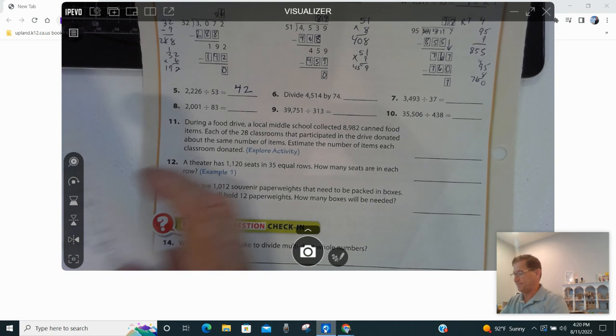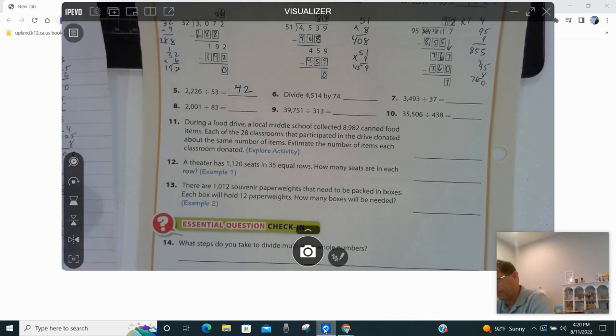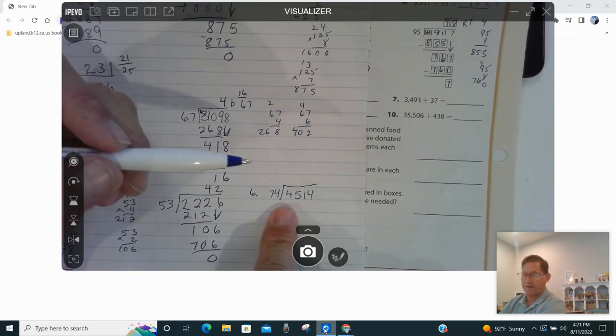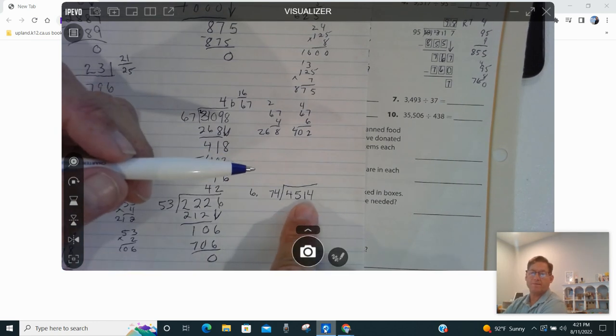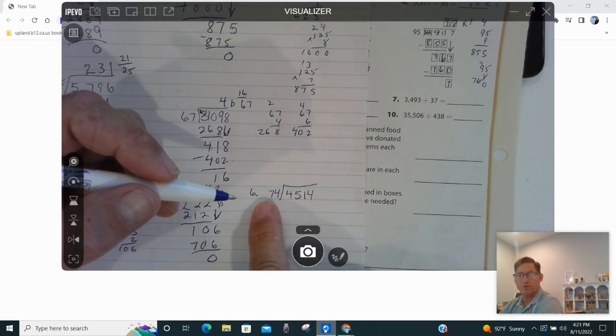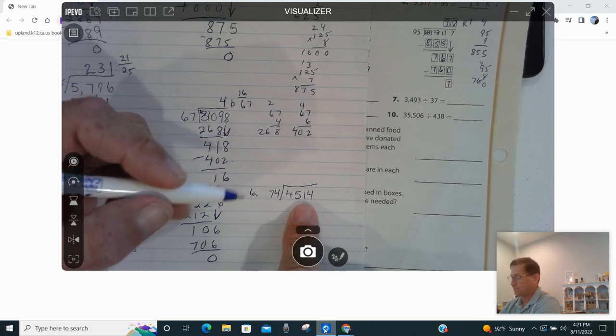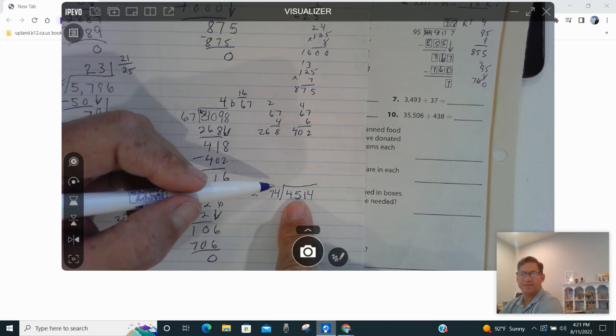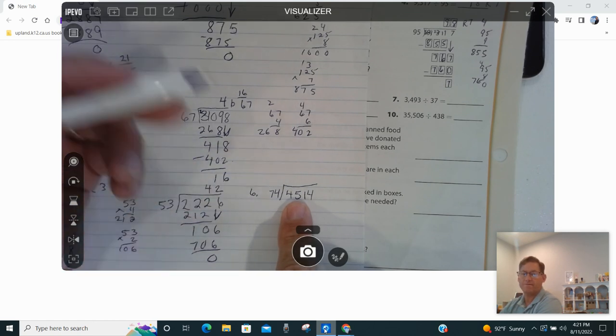All right, number 6. 4,514 divided by 74. Okay, 74 is greater than 4, is greater than 45. Yeah, I can divide 451 by 74. If this is 70, how many 70s could you get from 450?